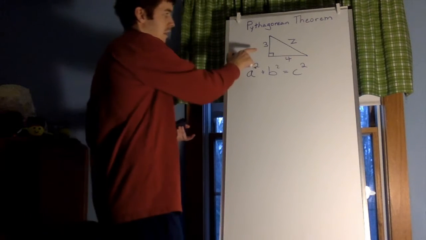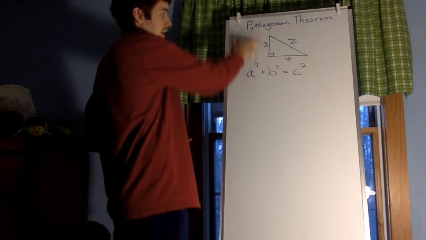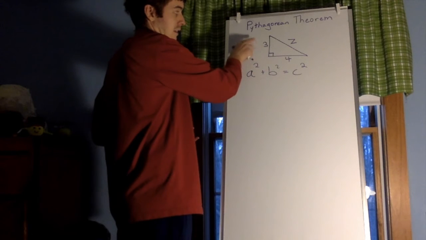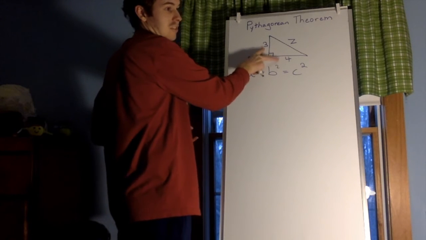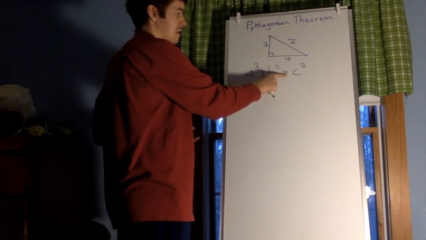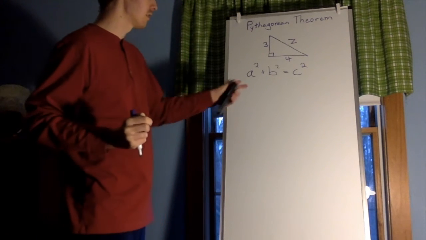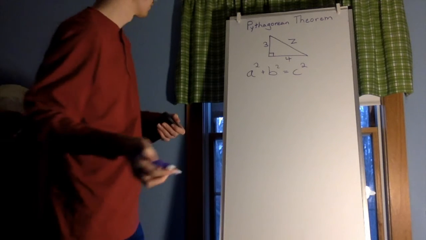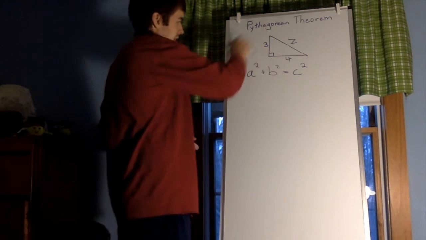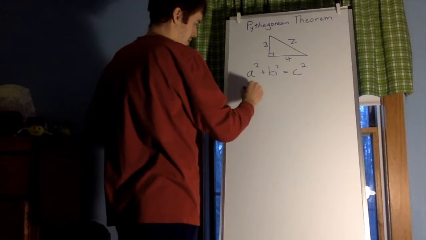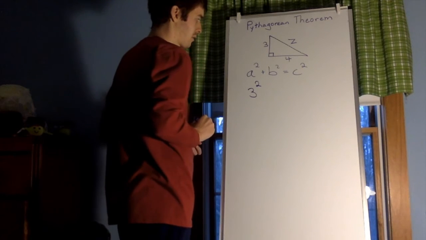In other words, the side squared plus another side squared, or the sum of the legs squared, is going to equal my hypotenuse squared. Let's fill in what we know, and then we can just solve. One leg is 3, so a squared becomes 3 squared.